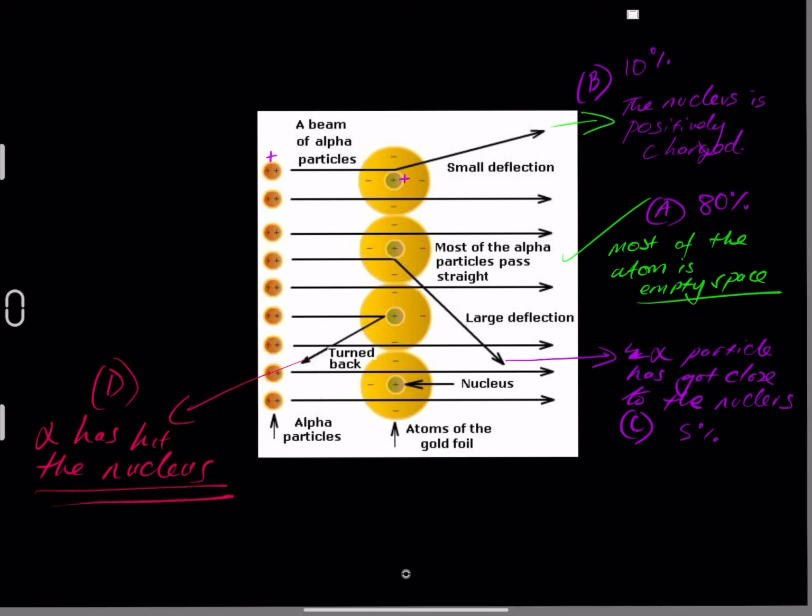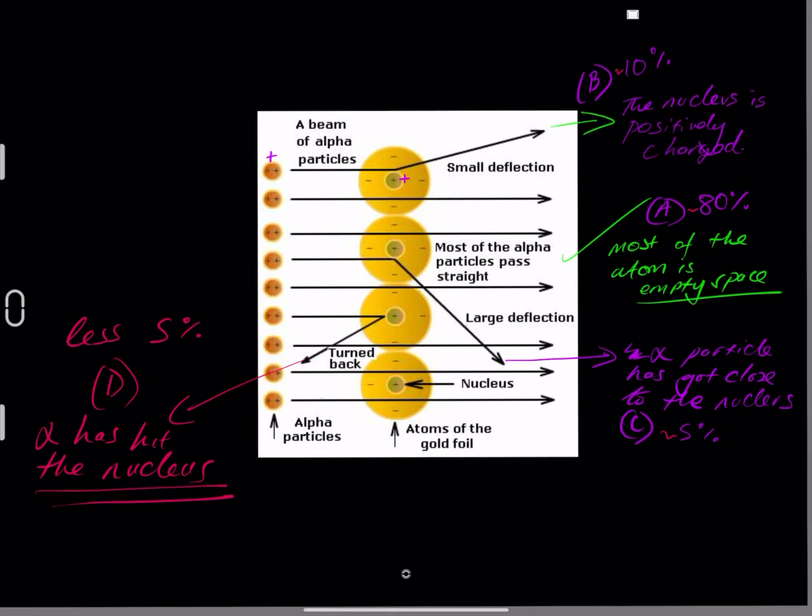So it's actually hit the nucleus and it's deflected back out and hit the detector in the front half of the scattering ring. And in terms of percentages, this is less than 5% in comparison. Now these are all approximate values. These are not exact values. These are just approximate values just to give you an idea of the results that were obtained.